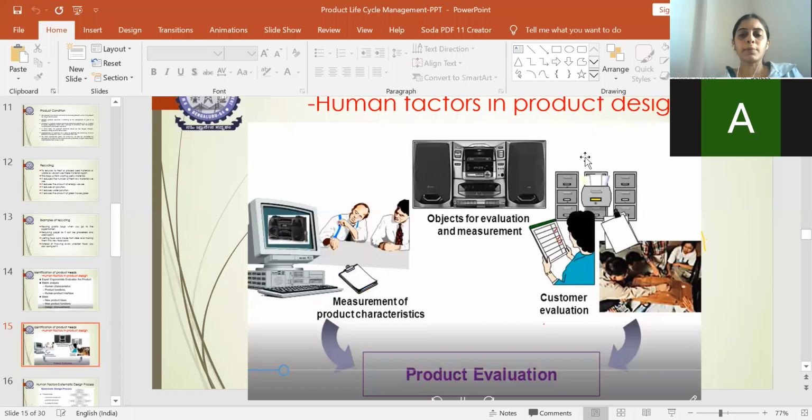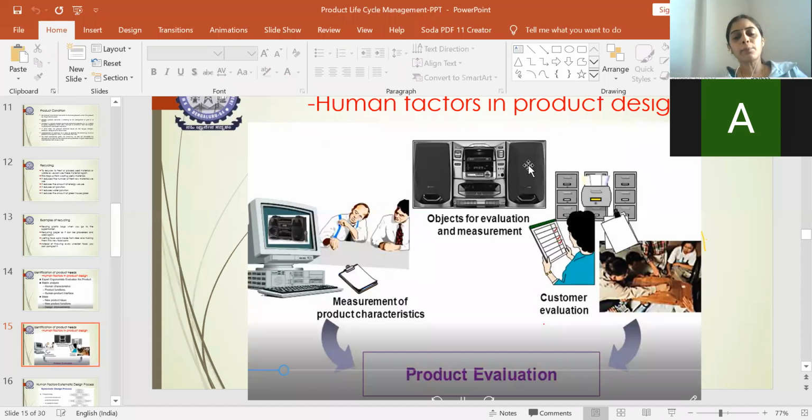And suppose you consider another product, for example a load cell, you will evaluate its functional performance when it is used as a load cell for different purposes. So how the part which has been manufactured is able to excel in getting the output as per the requirement of the customer will also be evaluated.